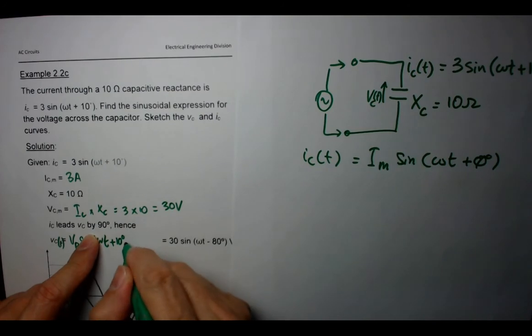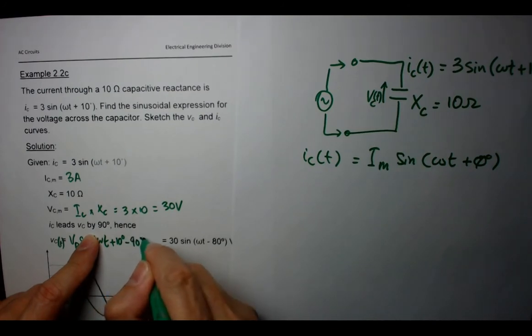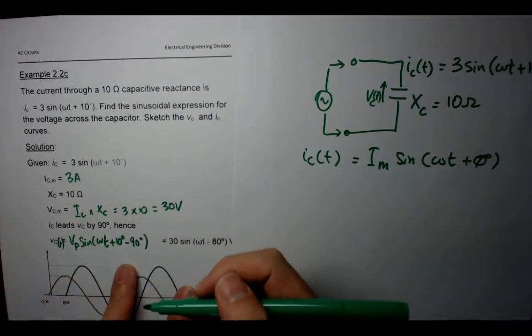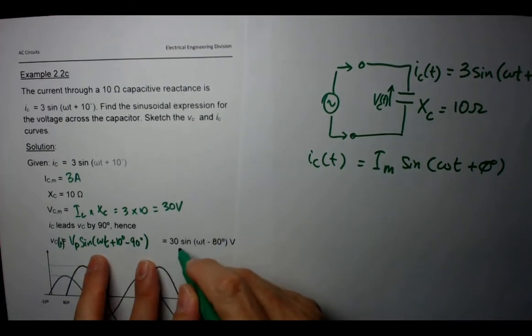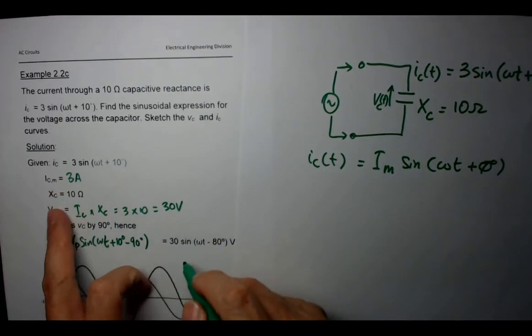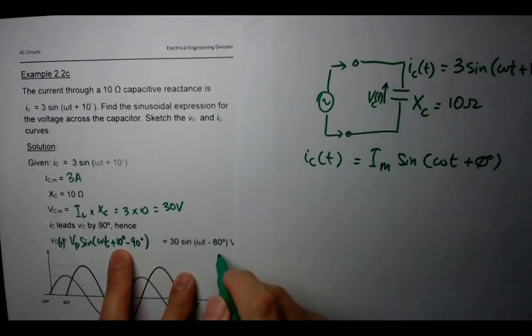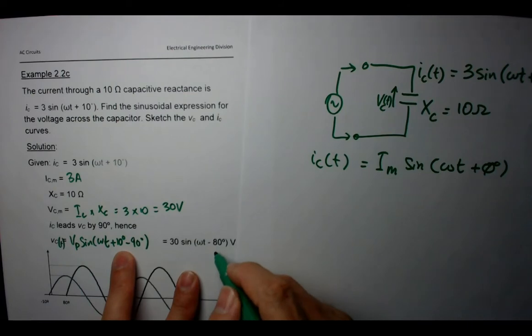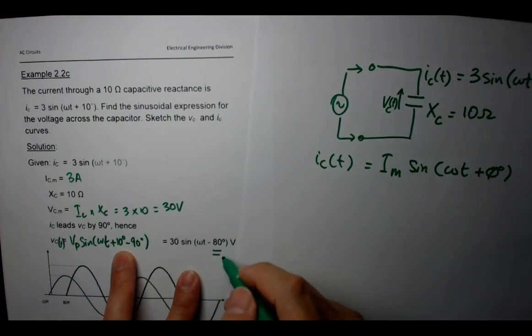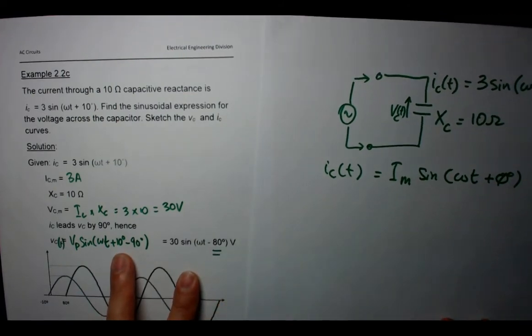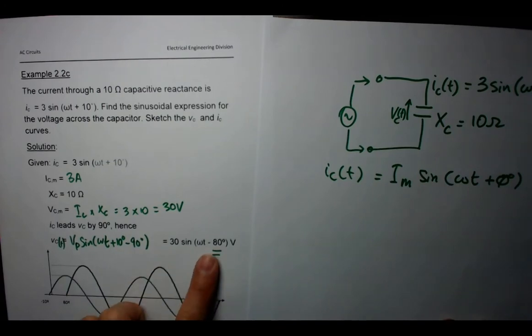Lags means minus 90 degrees. Okay, that's why we get 30 from here, VC maximum sine omega t minus 90 degrees, so minus 80 degrees. Okay, so that's how the answer comes about.